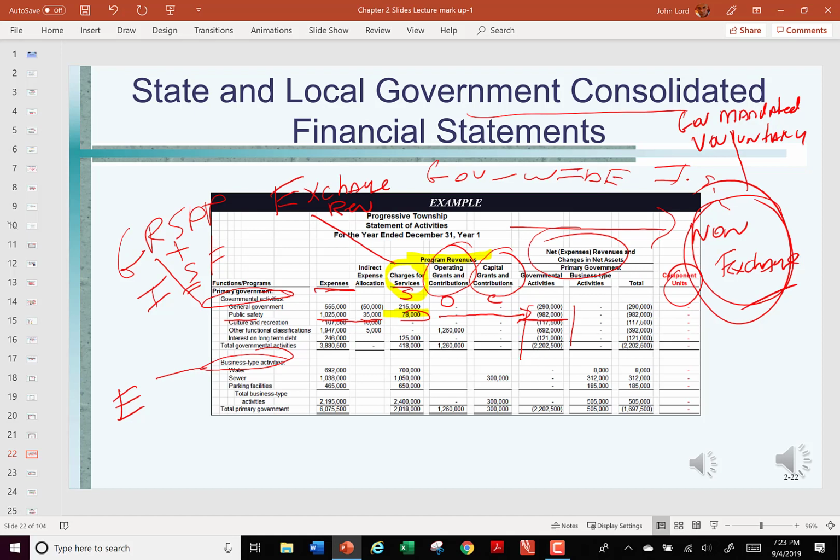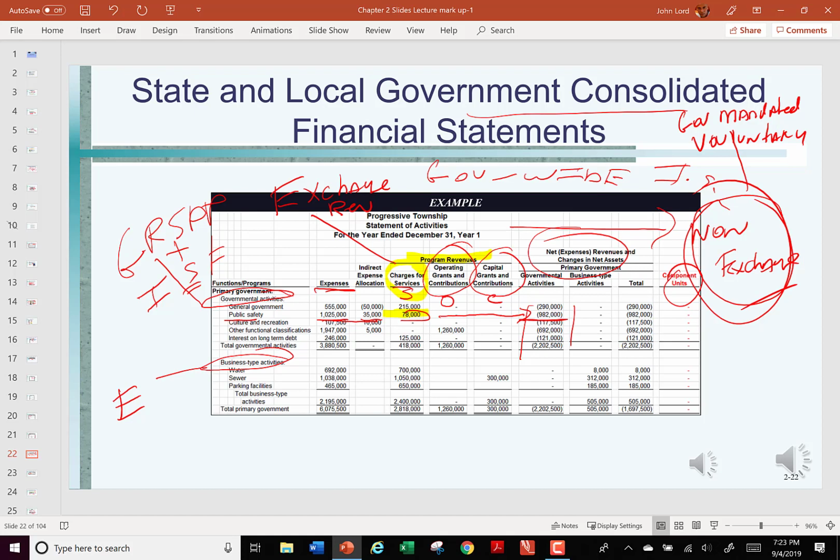What's in the governmental activities? General fund, special revenue fund, debt service fund, capital project fund, internal service fund, right? What's in the business type activities? Enterprise funds. Where's KIP? Not reported at the government-wide level.